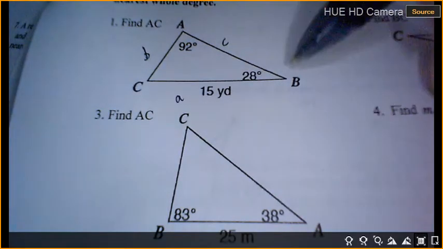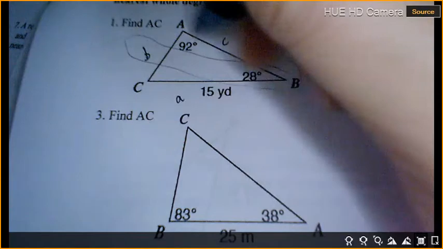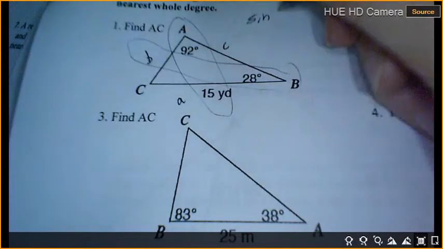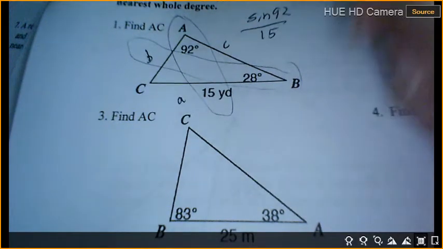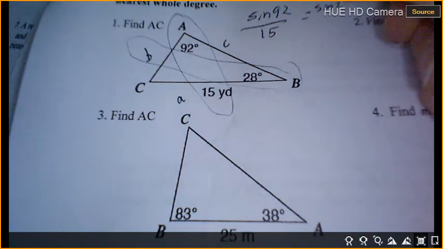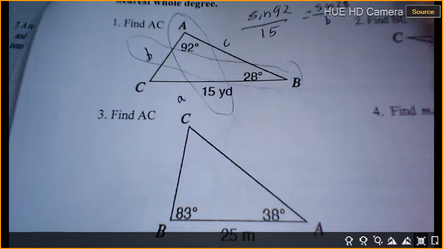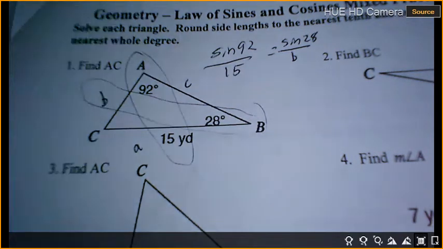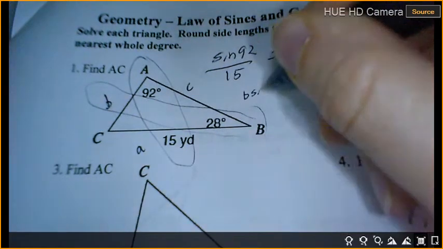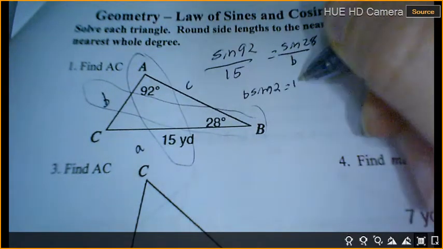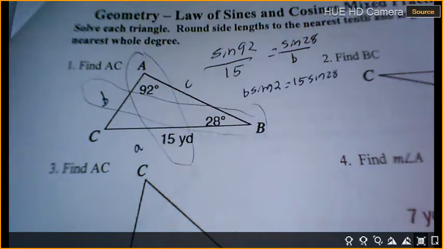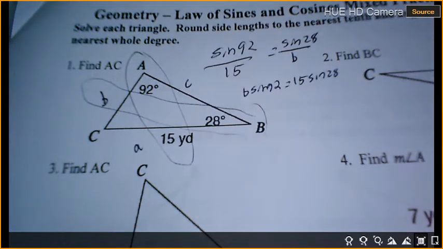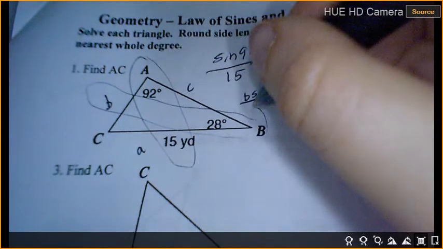So I'm going to say sine A over little a, or sine 92 over 15, equals sine B, 28, over little b. And I'm not going to go through and do all of them, but I am going to do this one because it's been a while since we did the law of sines. Okay? Once I have it set up like this, what do I do next? Cross multiply. So I've got little b sine 92 equals 15 sine 28. What do I do now? Divide by sine 92.